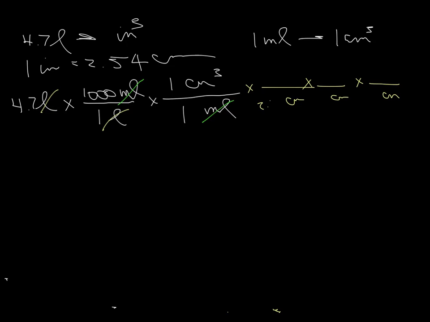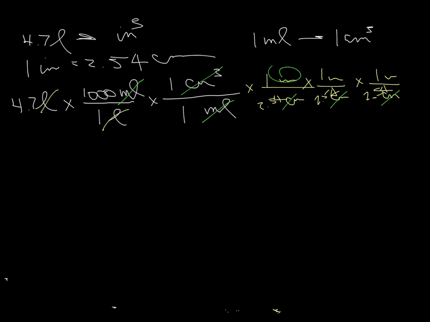So 2.54, 2.54, 2.54. I think I'm wearing my pen out. And this is 1 inch, 1 inch, 1 inch. And my 3 centimeters cancel with those 3 centimeters. So I'm at an inch now.